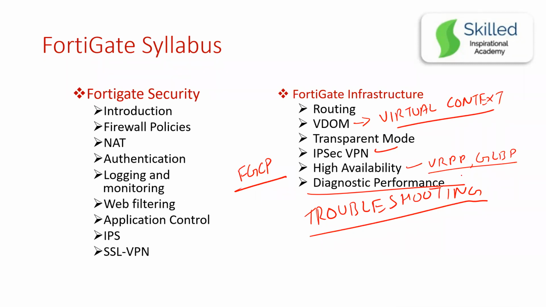What should you look for before you jump to a conclusion? What are the things you should verify? Because a lot of the time you might say it's because of such and such issue, but then it turns out to be a different problem. So diagnostic performance is all about troubleshooting.